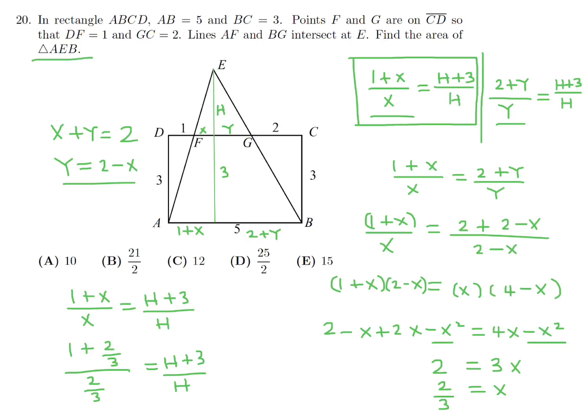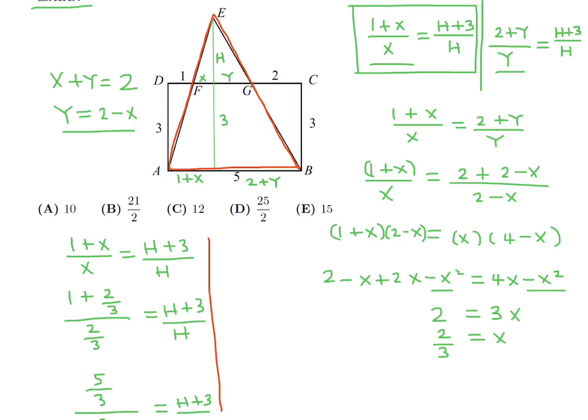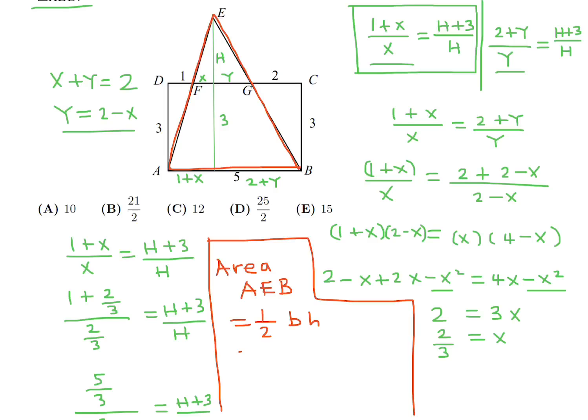The area we are interested in is triangle AEB. That triangle, basically, I think I can squeeze it in here. Area of AEB is 1/2 base times height. The base is right there, it's 5.